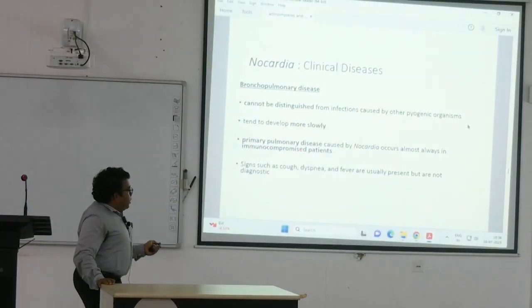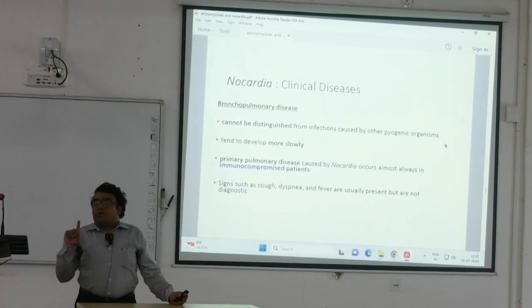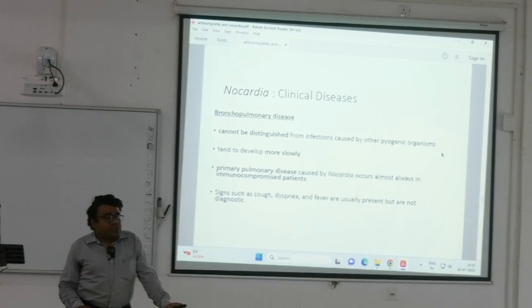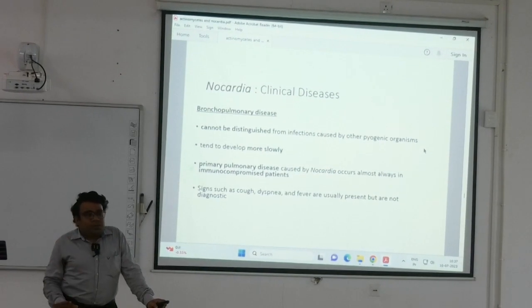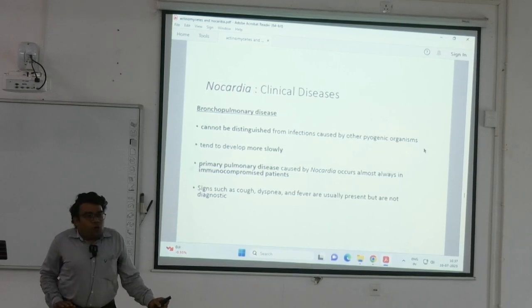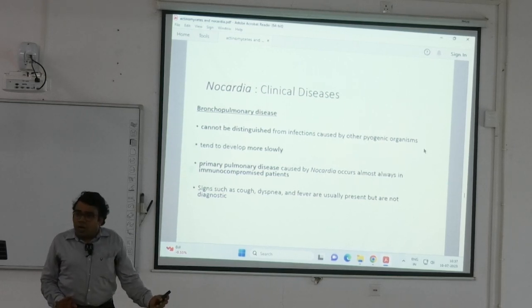Please remember, primary pulmonary disease, that is, the first time it infects the lung, is almost exclusively seen in immune compromised patients. Okay. So what is the bottom line that I am trying to imply? If the patient is immune compromised and is having any sort of bronchopulmonary disease, please consider Nocardia in your differential diagnosis. Understood?